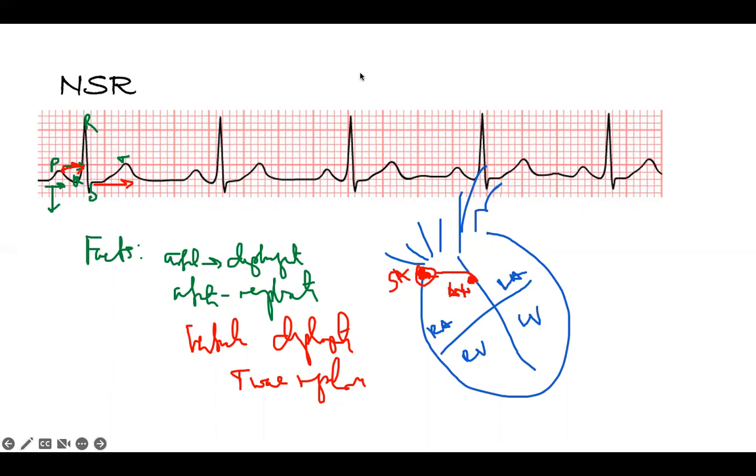The AV node says, well, I'm not going to travel all the way down to the apex of the heart to give the signal. So it branches. Before it branches, it forms a bundle here. This is what we call the bundle of His. And then it branches into the left and the right. So this is the right, and this is the left branch.